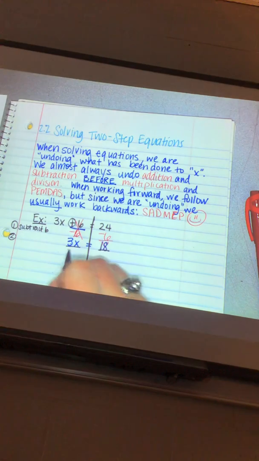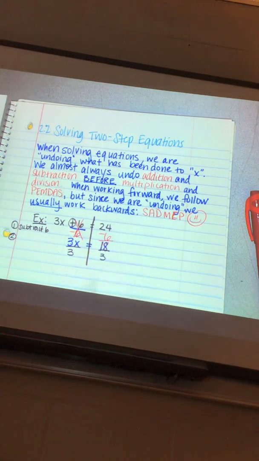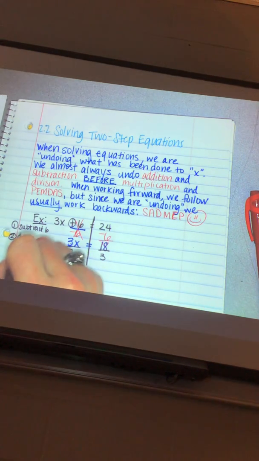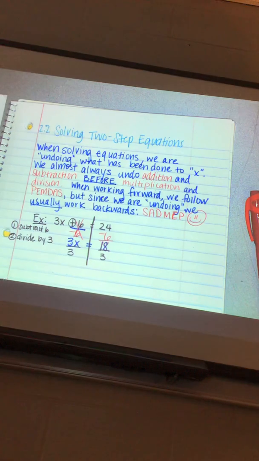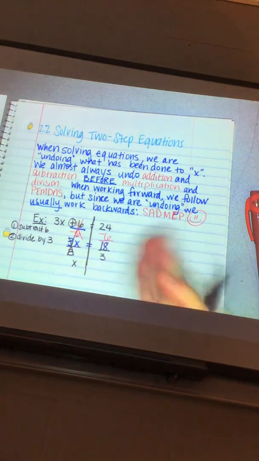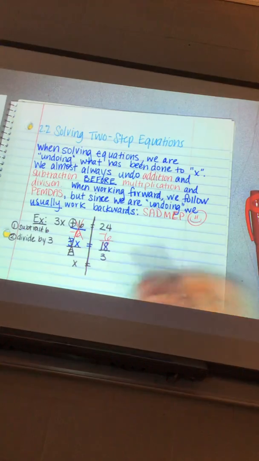So if we have to do that, you have to do it to both sides. What you do to one side, you got to do the other. So our second step is to divide by 3, because 3 is the number attached to the variable. So this over here cancels out and you're just left with x, which is so happy. That's what we want. X is by itself.